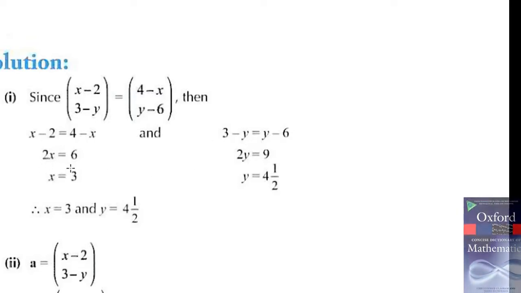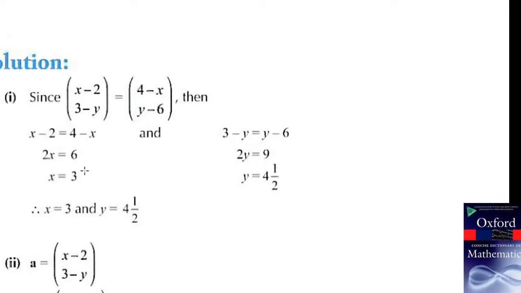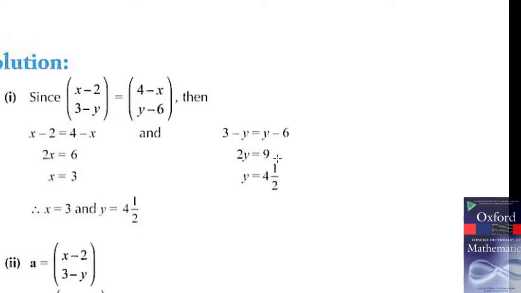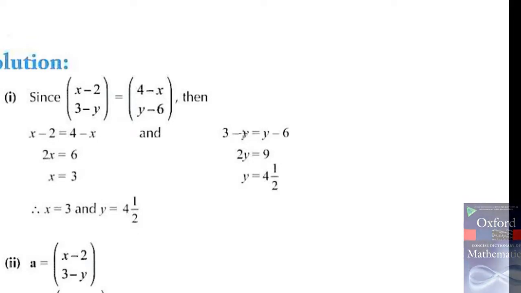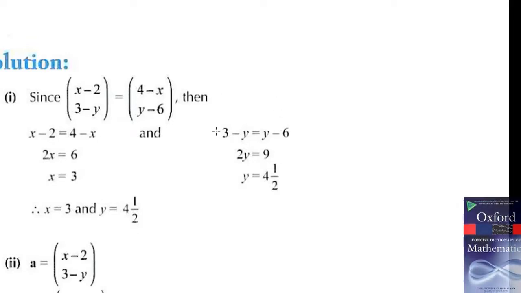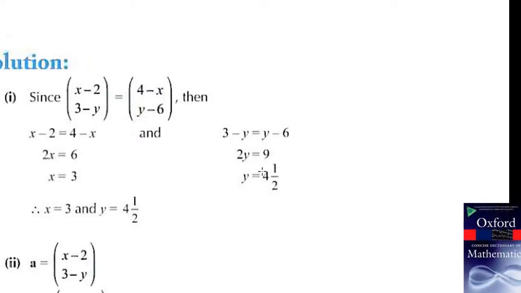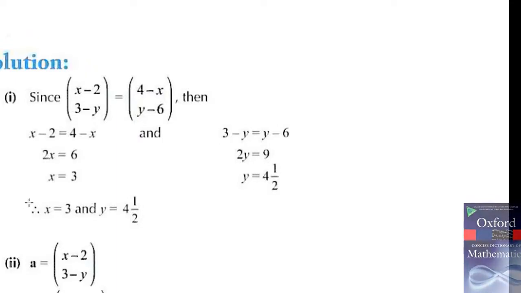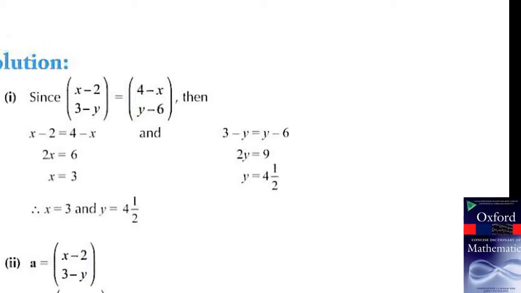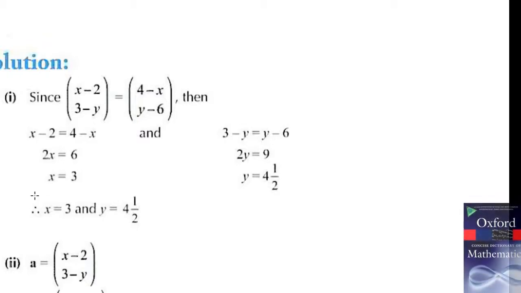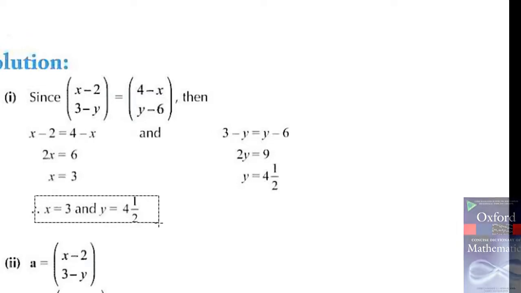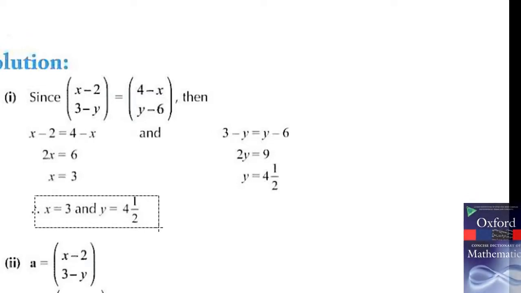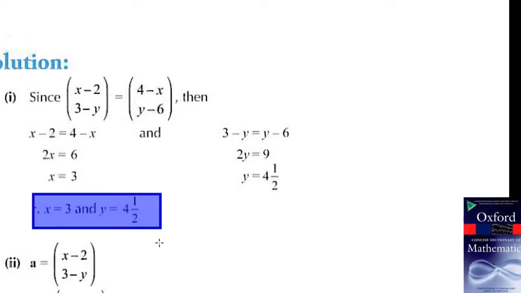Here we find the values of x: 2x equals 6 and x is equal to 3. Then 2y equals 9, so y is equal to 4 and 1/2. So the answer is satisfied. Here x is 3 and y is 4 and 1/2.